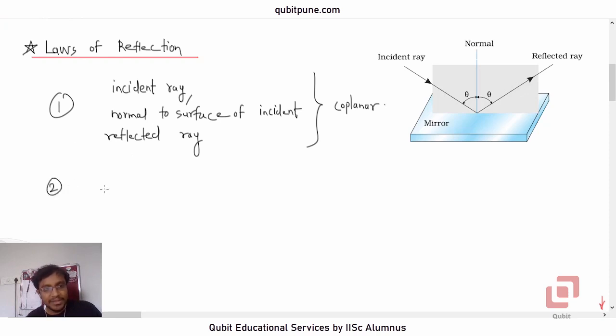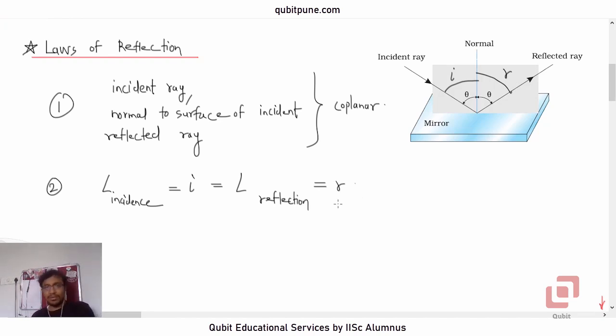The angle of incidence, which is the angle between the incident ray and the normal to the surface, that is this angle, let's call it I, is the same as the angle of reflection, this angle, let's call it R. You have studied these in school, but this is just a quick revision. Okay, so these are the laws of reflection.